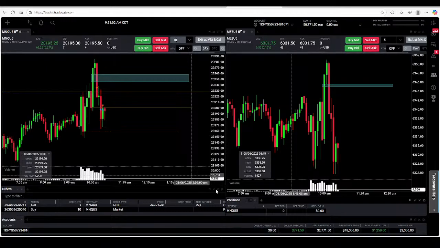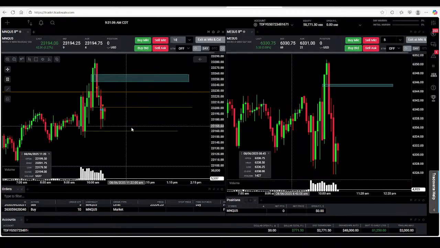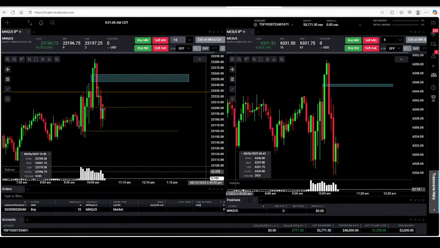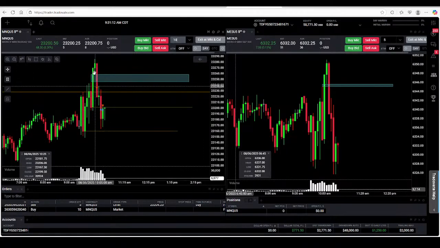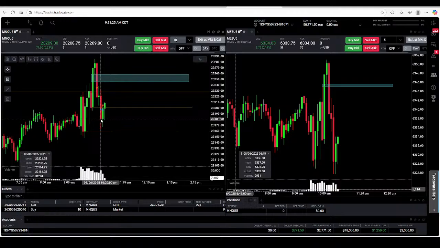We're up, you know, up $771 off this SMT divergence plus inverse fair value gap. Like I said, would have loved to target this intraday low, but that did not happen. Really thought we were gonna get to see a start of a bigger move with this, but that's okay.